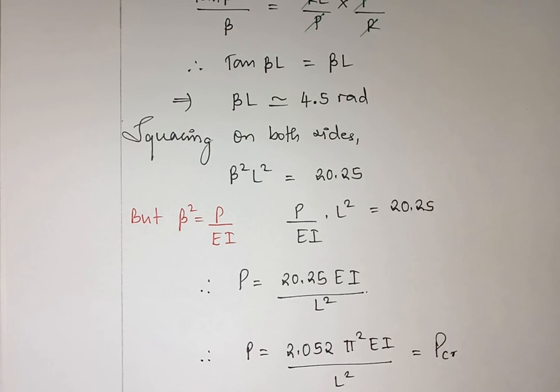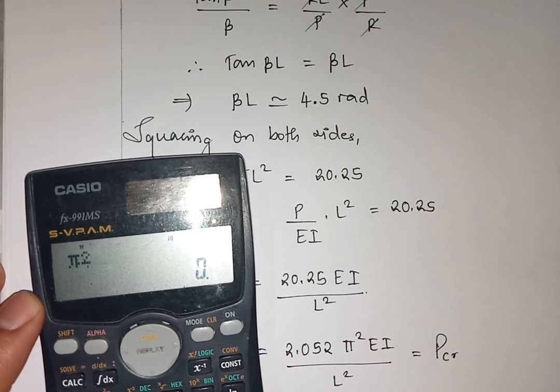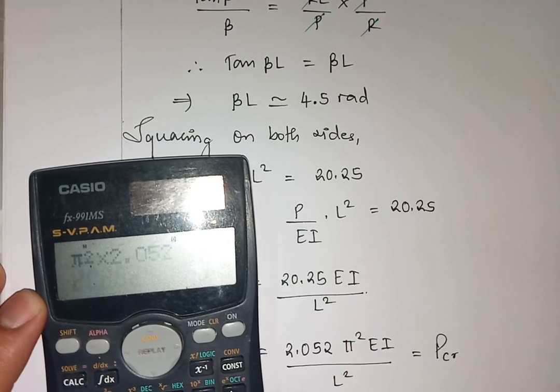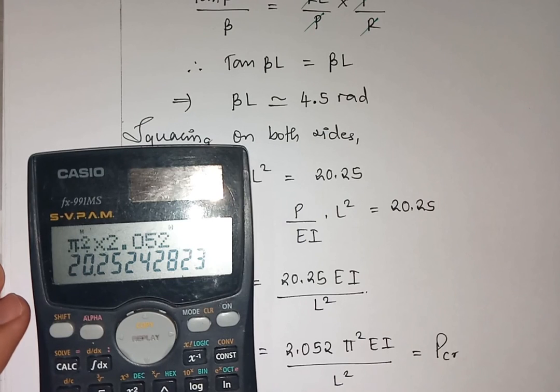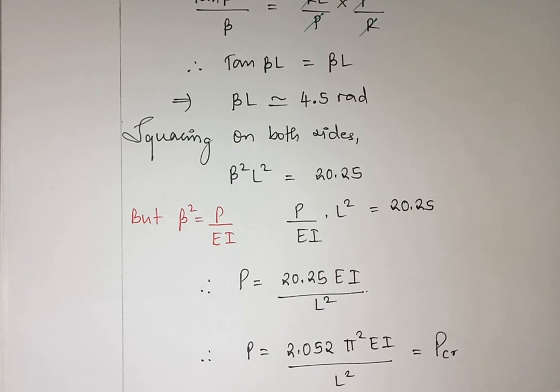If you multiply pi square, that is 22 by 7 the whole square, into 2.052, you can check it is 20.25. So this is the formula which gives me the minimum compressive load, or minimum critical load, required for buckling in a case where one end is fixed and the other end is free.